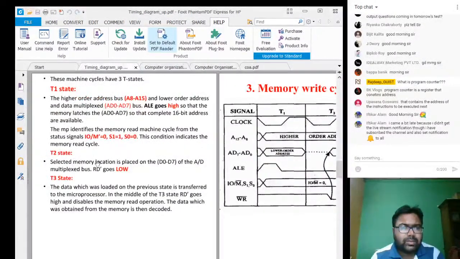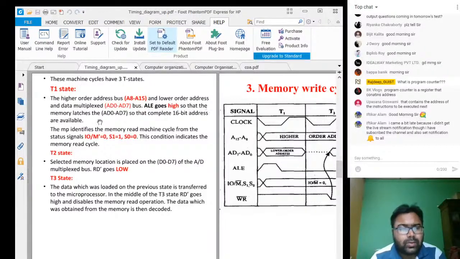So you can read what is happening. For memory read, in the T1 state, the higher order address A8 to A15 and the lower order address and data are multiplexed on this bus, and you are basically setting the address here.